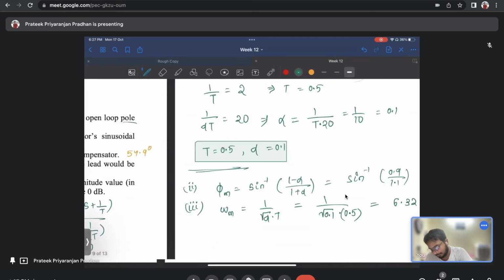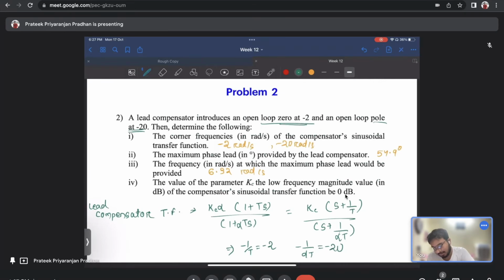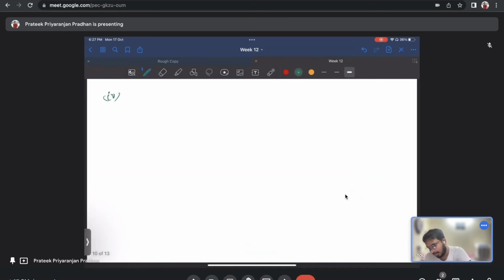So it asks the value of Kc for low frequency magnitude. The transfer function C of s is Kc alpha times (1 plus ts) divided by (1 plus alpha ts).